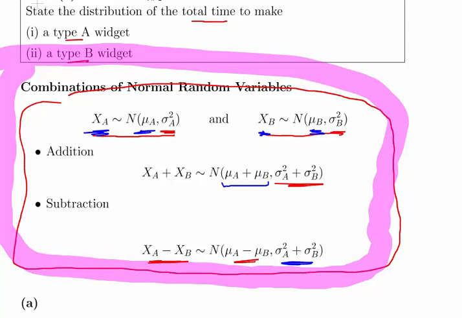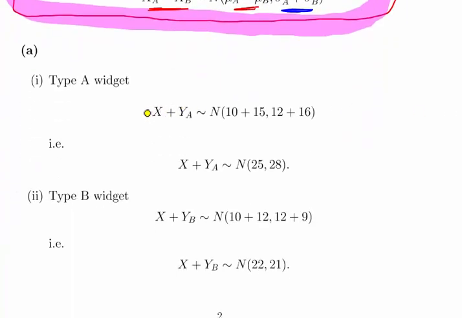So this is the scenario that we're looking at here for both cases. Essentially we just add the means for X and YA, and X and YB. The mean is 10 plus 15 and the variance is 12 plus 16. So overall, the total time for A is the preparation time and then the finishing time, and that is a mean of 25 and a variance of 28.